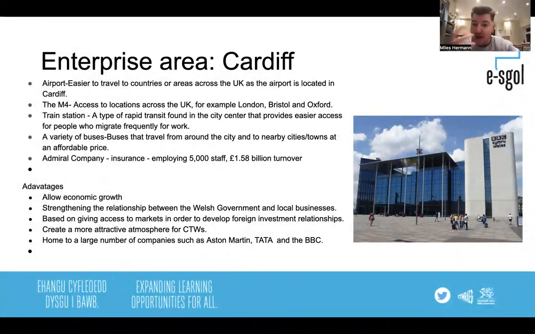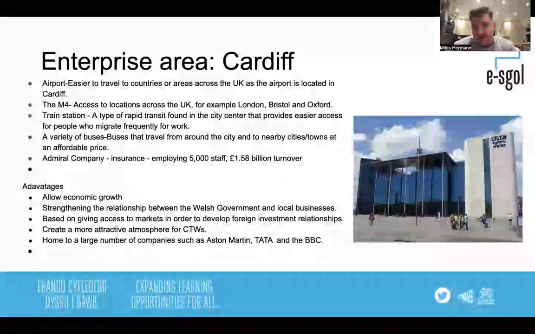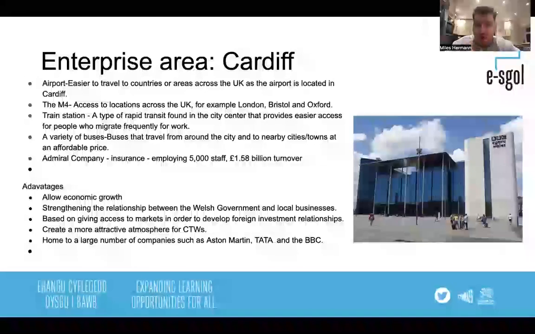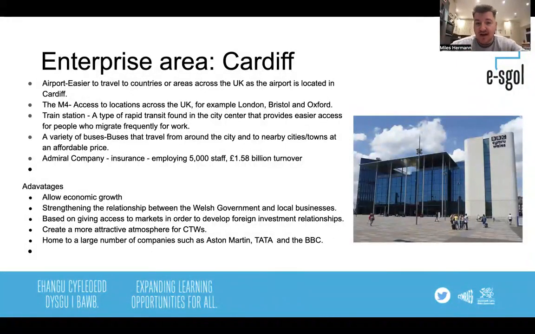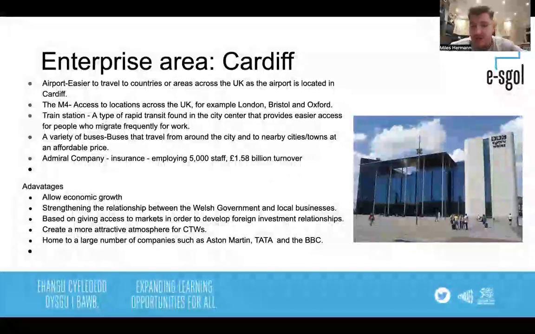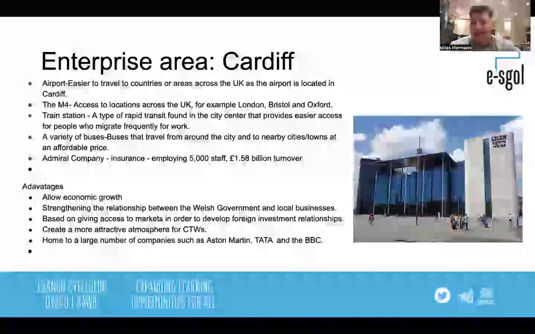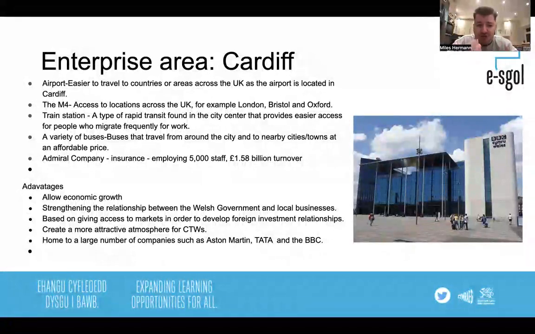One example of a company that's set up in this sort of financial sector was Admiral, which is insurance based, and they employ 5,000 staff, and there's a 1.58 billion turnover. Advantages then of this, well, it's allowed for economic growth. It's strengthened the relationship between the Welsh Government and local businesses.